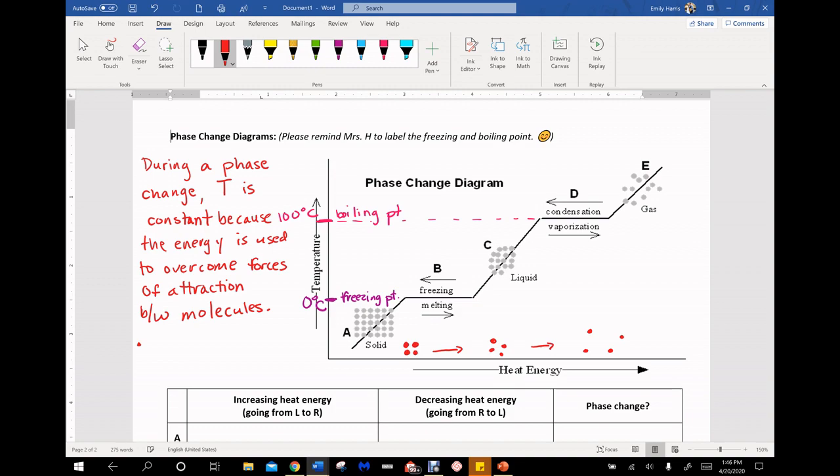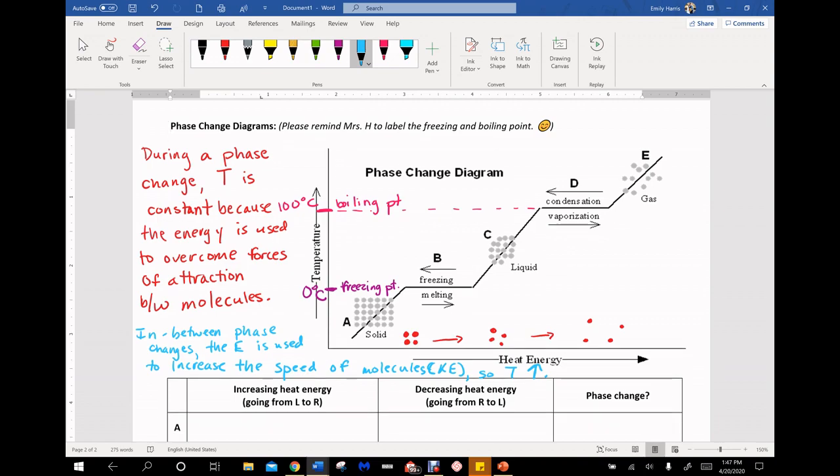And then the second part to this that we're going to write down is, in between phase changes, the energy is used to increase the speed of the molecules, which is just the kinetic energy. So the temperature goes up or increases.